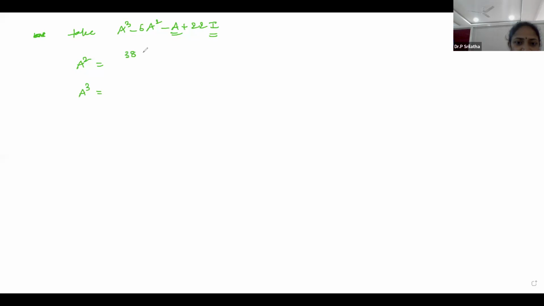Roll number 73. 38, minus 48, 34. 14, minus 15, 12. 11, minus 16, 15. And what is A cube? Do it fast. All of you do it with the calculator.